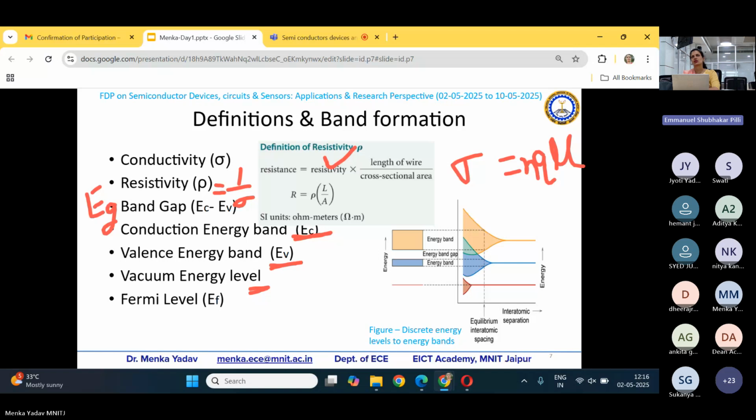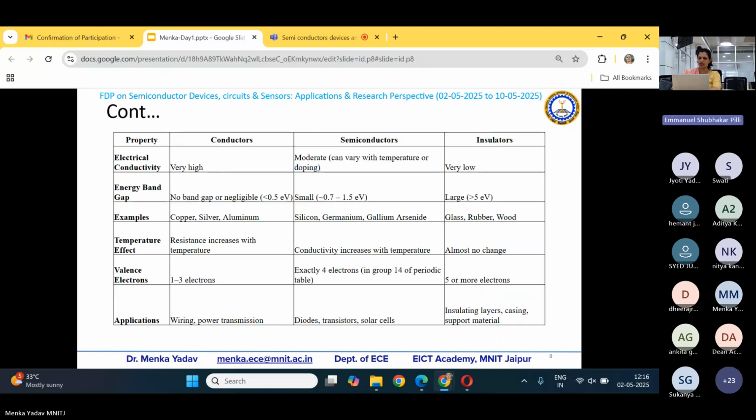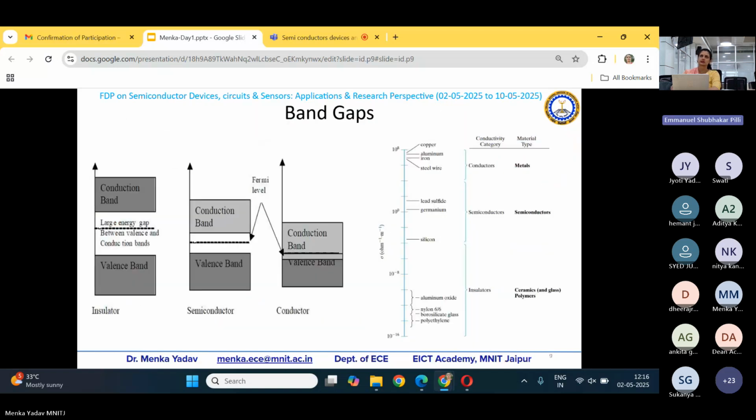What is the valence band? Valence band is the energy band where we can find all the electrons in pairs. All the electrons actually have the bonds, strong bonds.